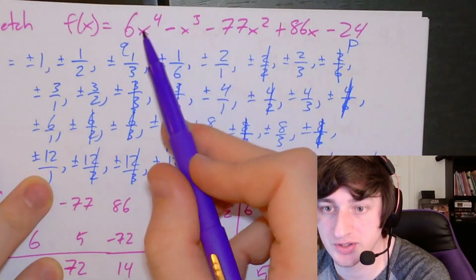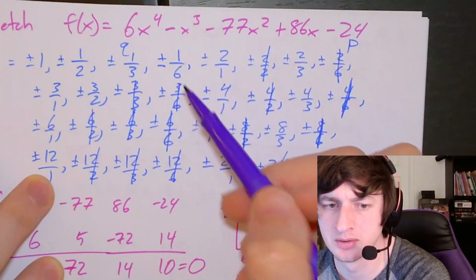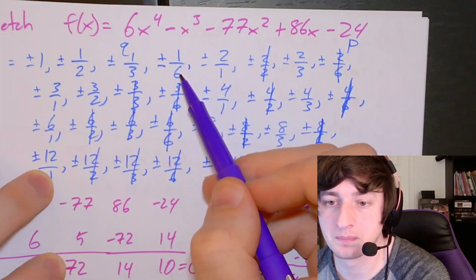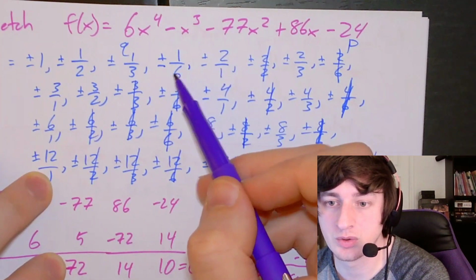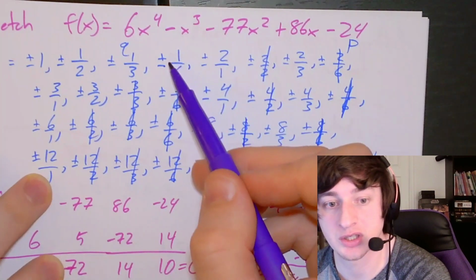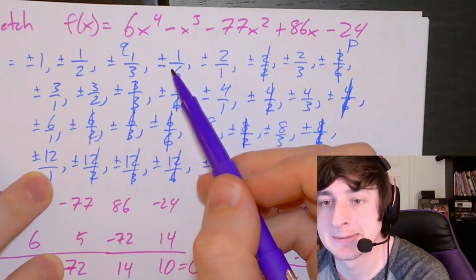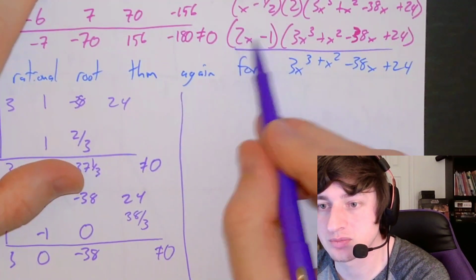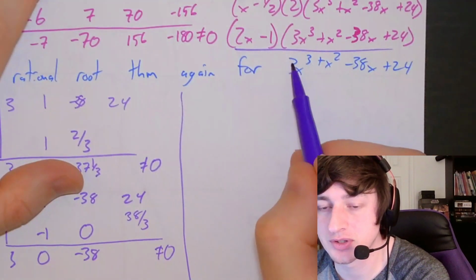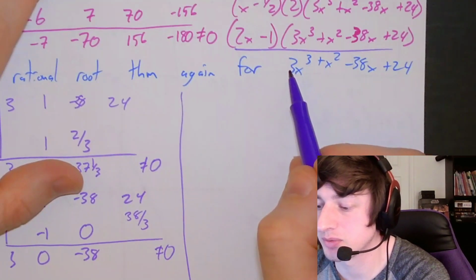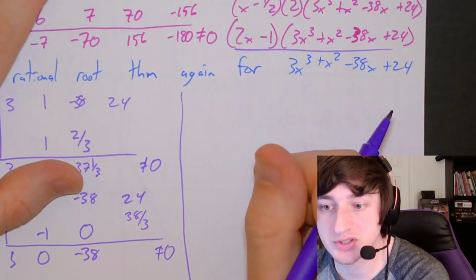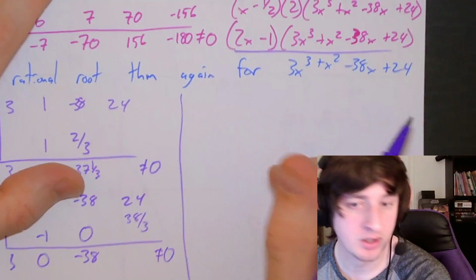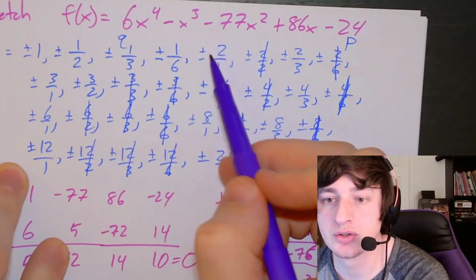It is for the original function, it just didn't turn out to be. If we would have guessed 1/6, we would have checked both of those, and it wouldn't have worked. But this new function that we got after we factored out 2x minus 1 doesn't have a 6 in front, so 1/6 is not one of the possible things. So the next number we check is going to be 2.